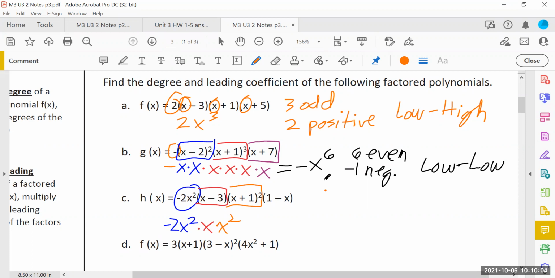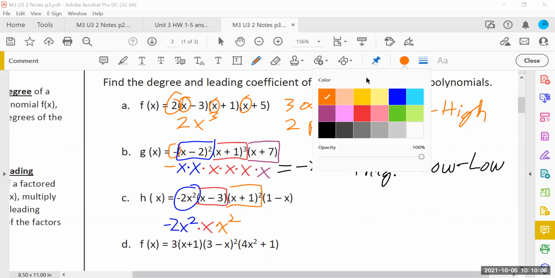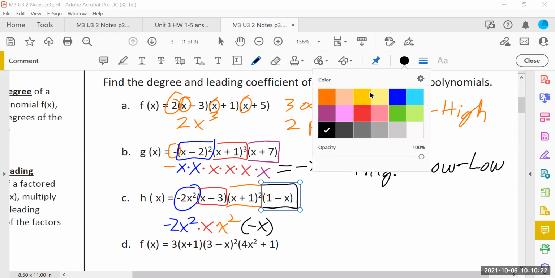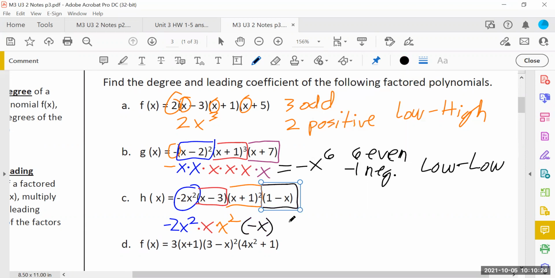And then the last one's a little interesting. 1 minus x. The minus x is your highest degree term from that, but it needs that negative. That negative one is its leading coefficient for that x. So we have to put it all together. This one ends up being a negative times a negative is a positive.